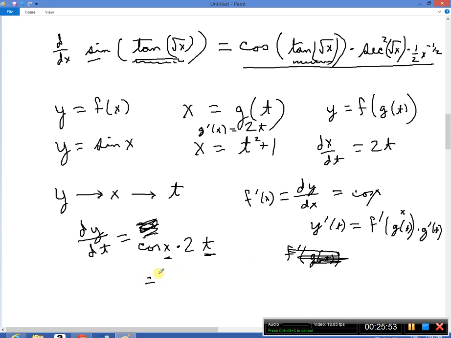So what we end up doing is substituting for x what x was equal to, and so you end up with cosine of t squared plus 1 times 2t, which is what you would have done anyway if you had seen y equals sine of x, x equals t squared plus 1.